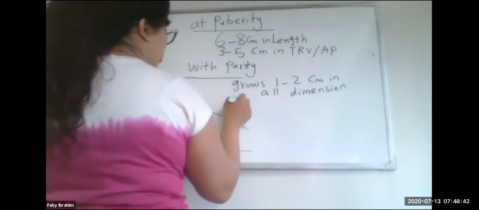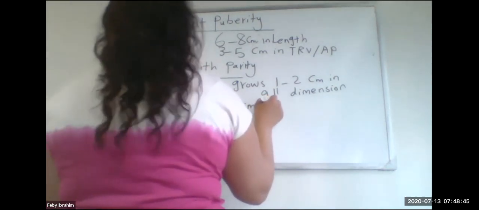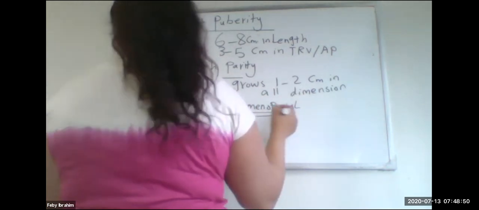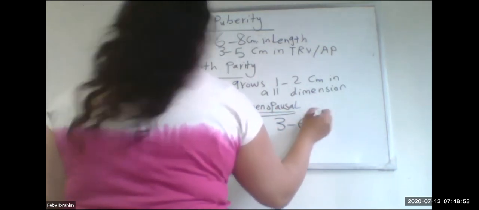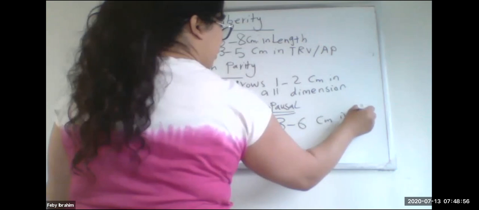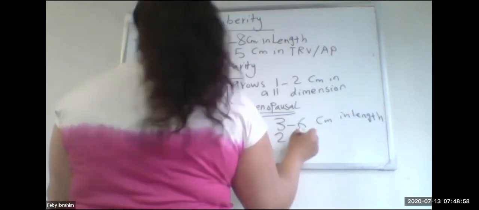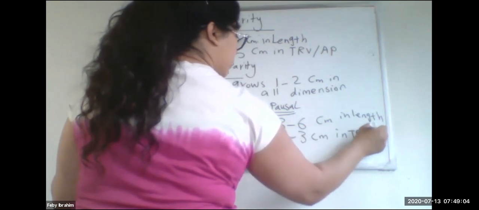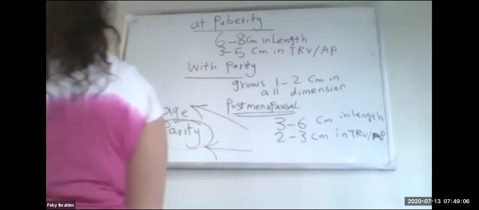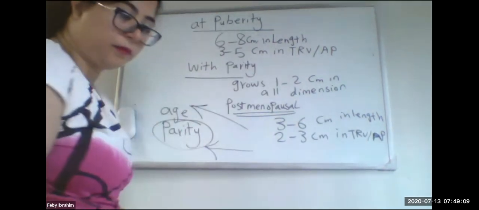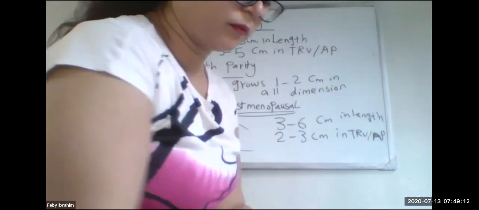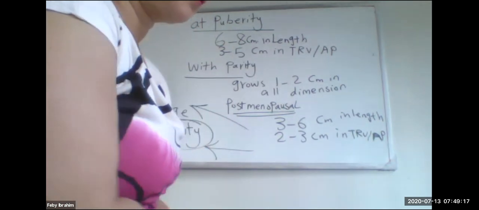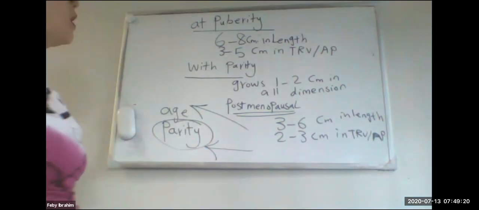And in postmenopausal patients, the measurement will be 3 to 6 centimeter in length and 2 to 3 centimeter in transverse and anterior posterior. So this is for the size of the uterus.